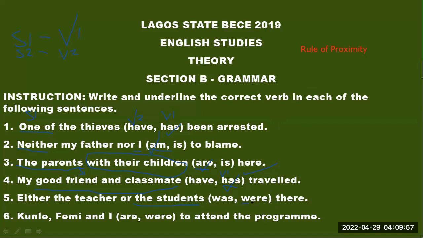So the verb should be plural because this is V2, which is plural. I mean, this is S2, please. Well, let me erase this. Okay. This is S2. And so we also have to have V2 here, please. Again, let's erase this. This is verb.